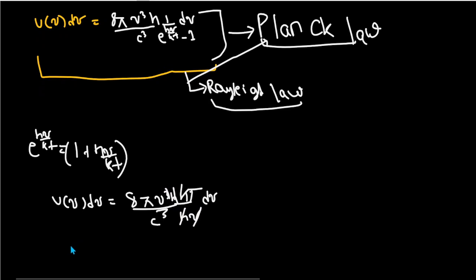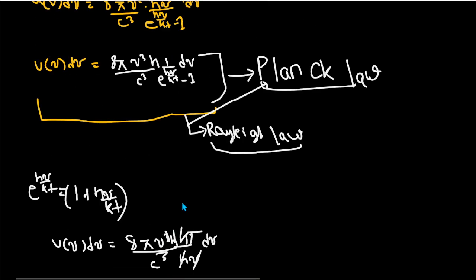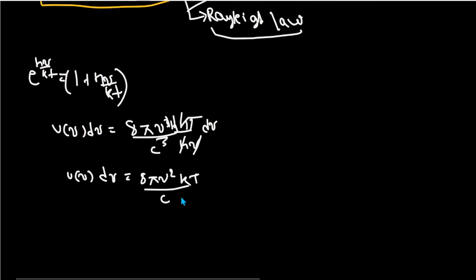So finally, the energy density in a given frequency range is equal to 8 pi nu squared kT divided by c cubed, d nu.